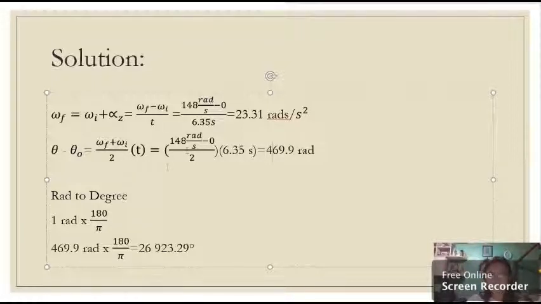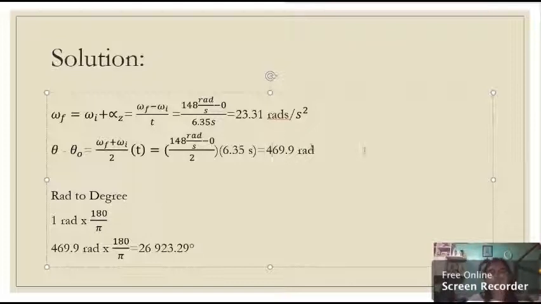So 148 rad per second minus 0, because it starts from rest, so it's 0, and then divided by 2 times time, which is 6.35 seconds. So we got an answer of 469.9 rad. So we need to convert rad to degrees. So the formula is 1 rad times 180 over pi.